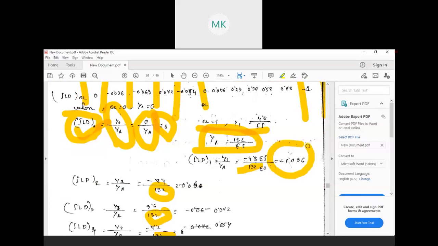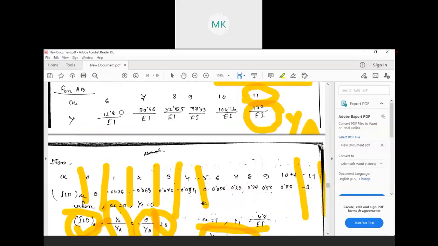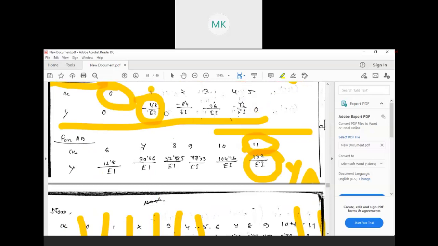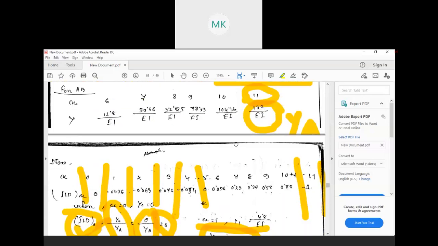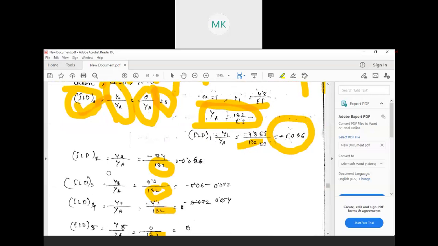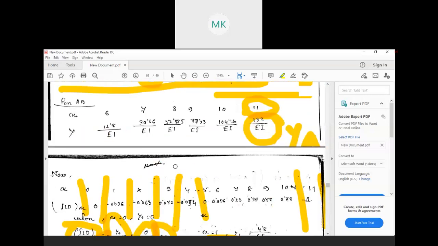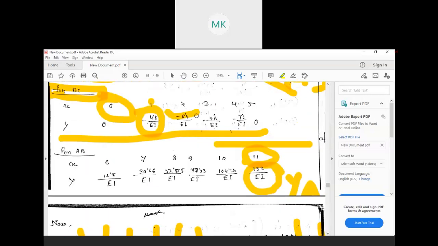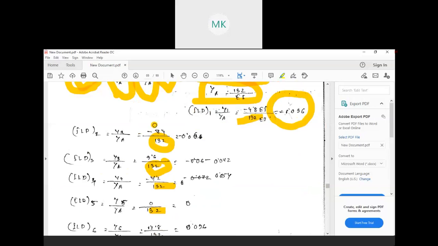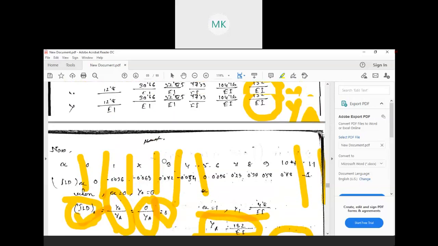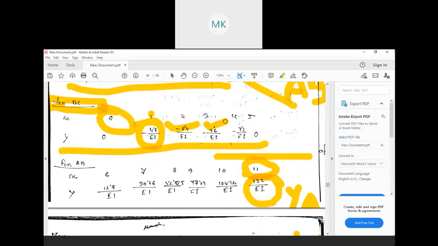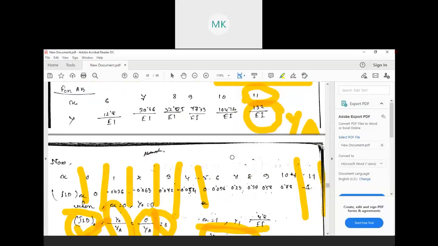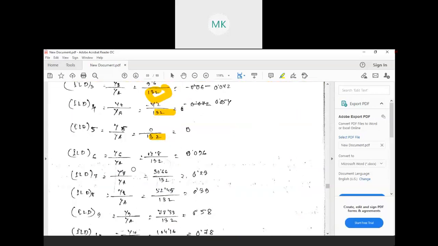So when you calculate, you will get the ILD at 1. Similarly, 1, 2, 3, 4, like that. As you can see, y2 is minus 8.4, so minus 8.4 by 132. Similarly, y3 is 9.6, 7.2, like that. So it goes on up to 11.